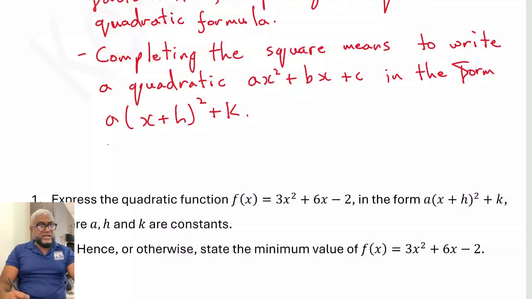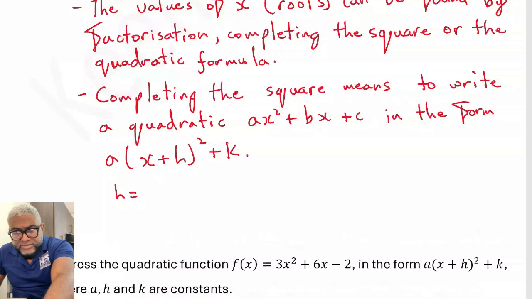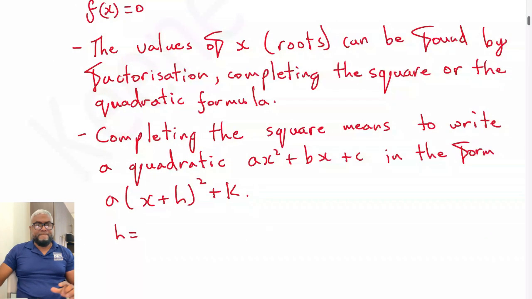There are two ways to complete the square, but we would do it using the formulas. I will go back through all this when I finish writing it.